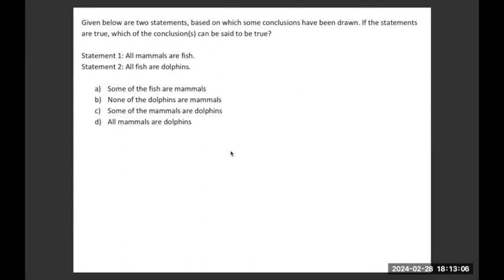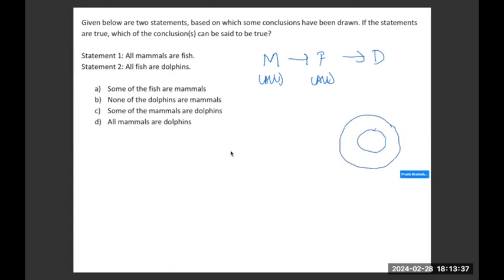So what is happening is all mammals are fish, and then all fish are dolphins. Okay, so the set Venn diagram kind of goes something like this: mammals, all mammals are fishes, and all fishes are dolphins.